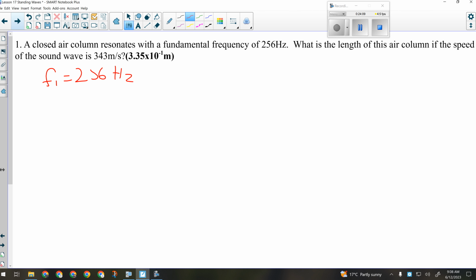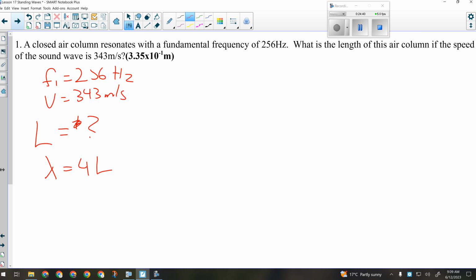They tell me the speed of sound is 343 meters per second. They want to know the length of the air column. So L equals the question mark, but we do know that lambda equals 4L, because this is a closed air column. What can I calculate right now with f and v?